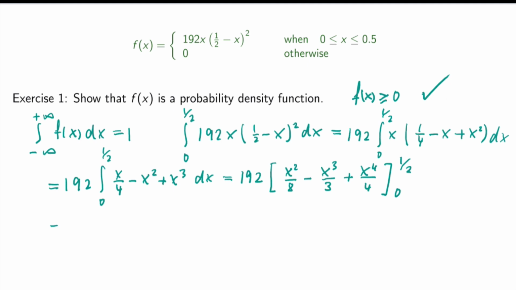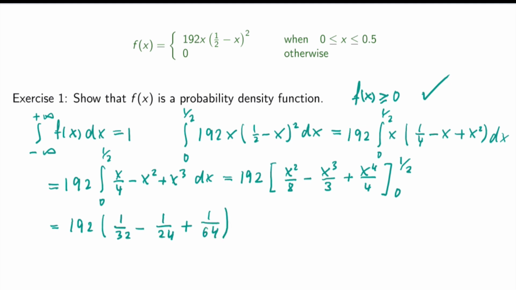So subbing in the 1/2, I keep the 192 in the front. Then we have a quarter divided by 8, this is 32, so 1 over 32, minus an 8th divided by 3, which is 1 over 24, plus 1 over 16 divided by 4, which is 1 over 64.